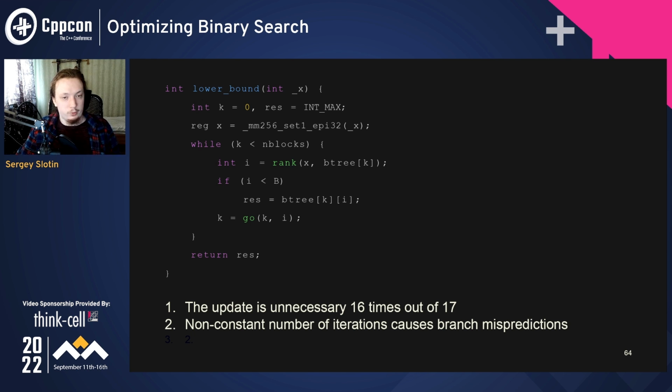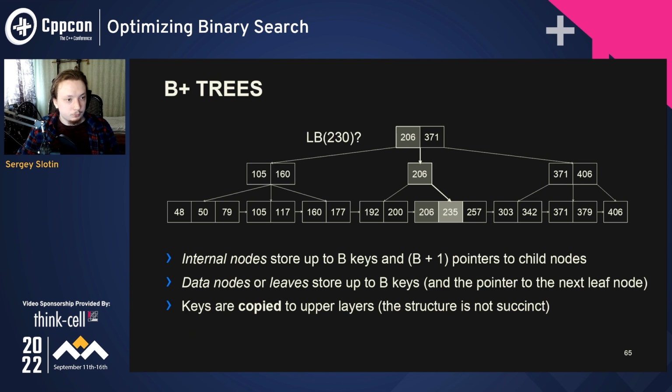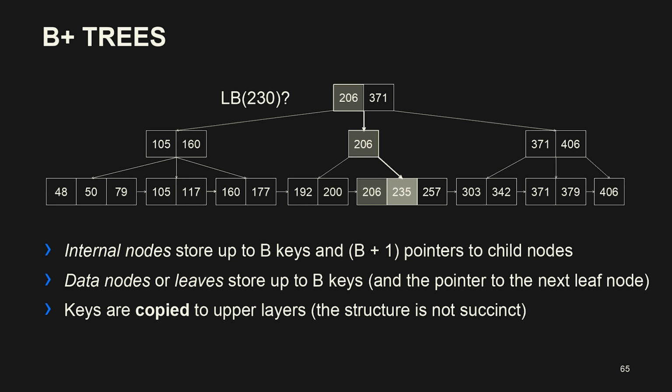We can solve both of the problems if we modify our layout a little bit. Instead of B-trees, we will use a layout based on B+ trees. This is a modification of a B-tree that is actually more popular than the original B-tree. When people say B-trees, they actually mean B+ trees. B+ trees differentiate between internal nodes and data nodes.